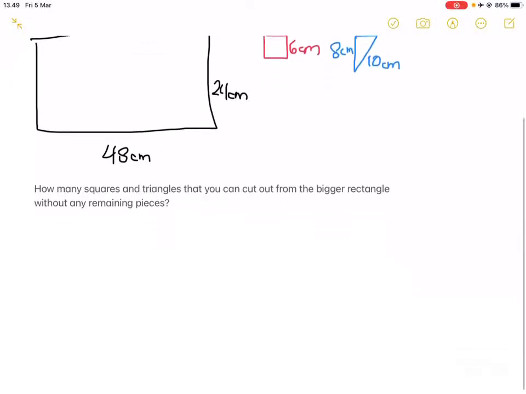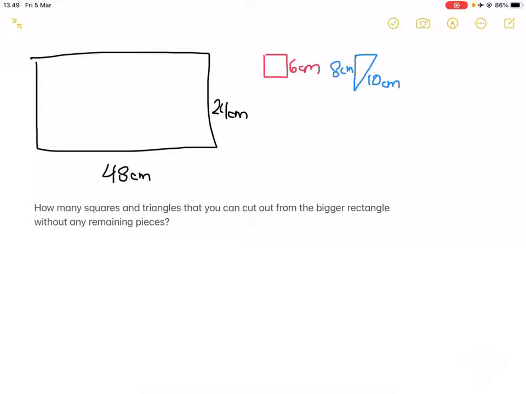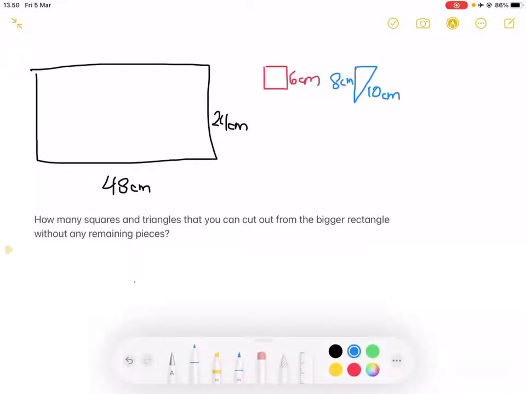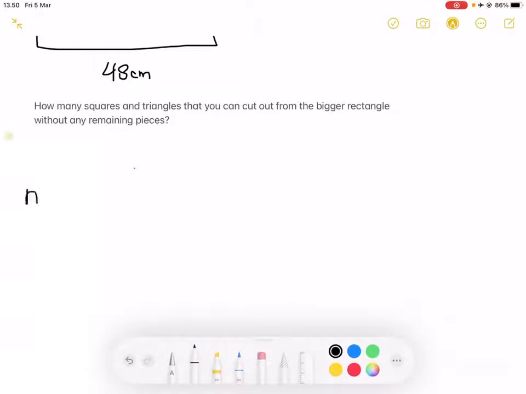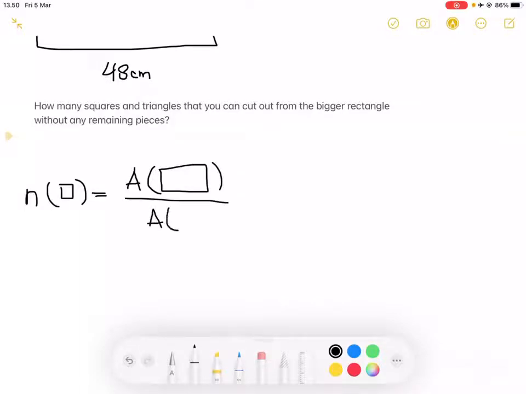So let's first calculate how many squares we can cut from this. To do this, I'll call this n of square, where n of square represents the number of squares that you can cut out from this, which is just the area of the bigger rectangle divided by the area of a single square.